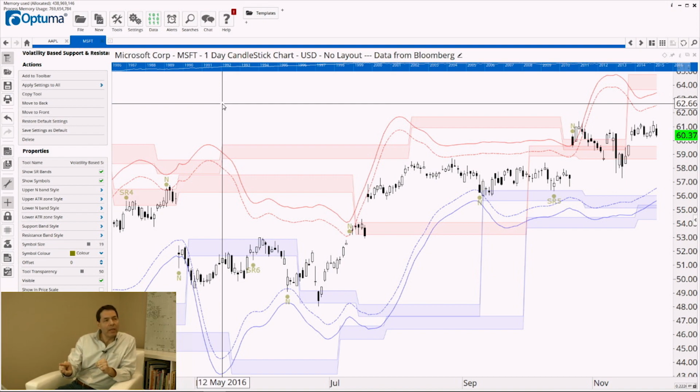So essentially, a support resistance zone in the future is just a combined level of support and resistance based on projected implied volatility.